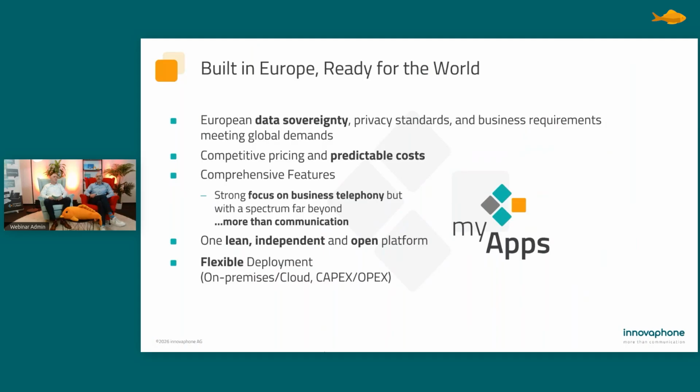We are even manufacturing our hardware within Europe. We have our core communication system running on our own operating system. We are not depending on any American hyperscalers or other operating systems from this market.